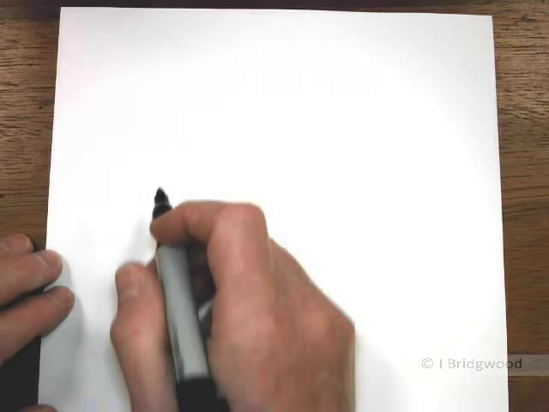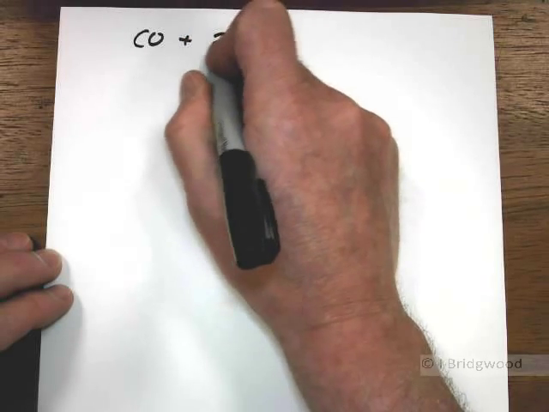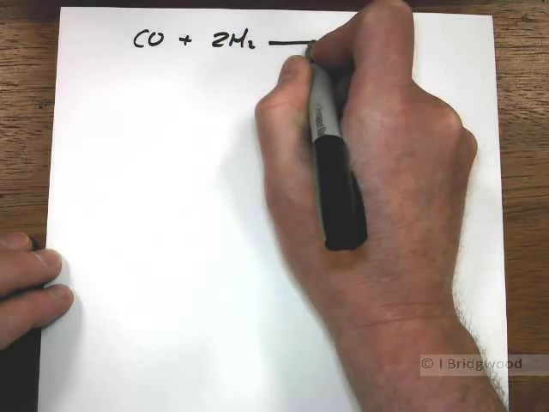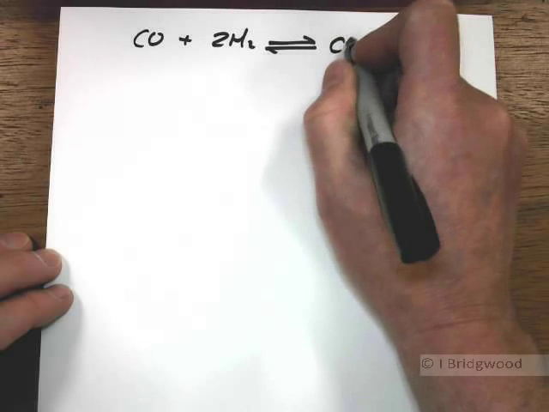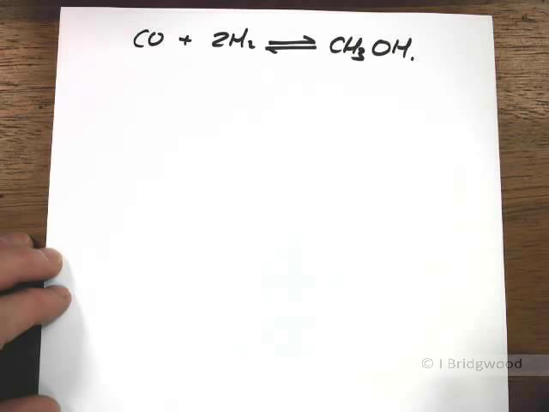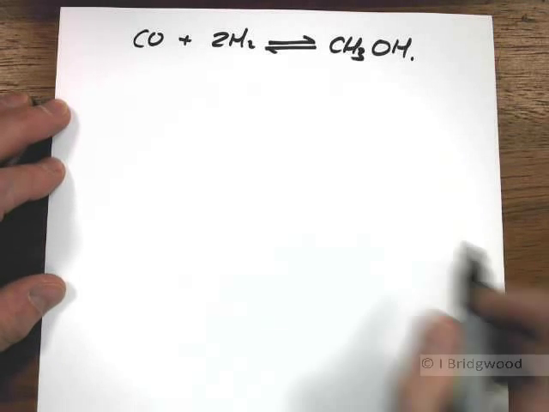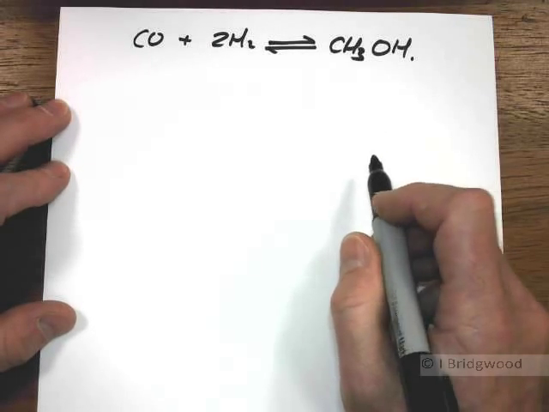So let's have a look at an equilibrium. Carbon monoxide plus 2H2 going to CH3OH like that. Now, what is the Kc expression for this, and what are the units for Kc?